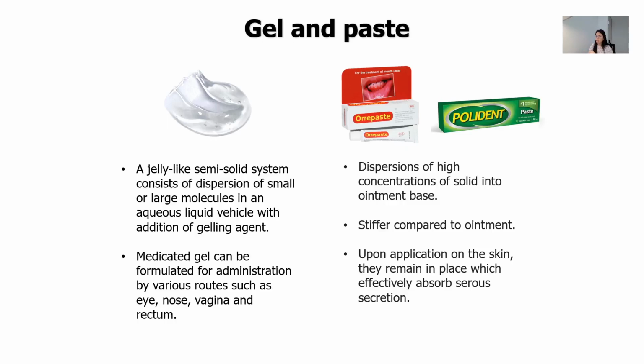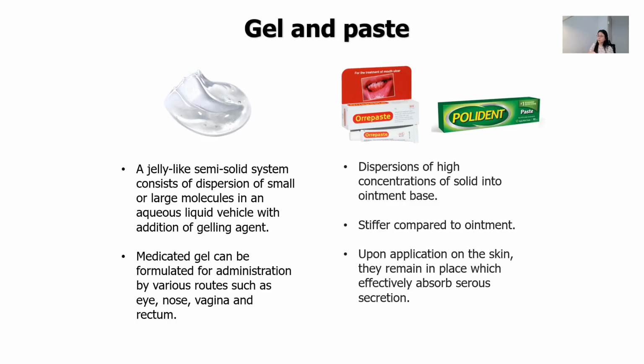While paste is rarely used nowadays, paste is basically ointment, and we add drug solids into the ointment base, so that becomes paste. So paste is basically a dispersion of a high concentration of solid in the ointment base.